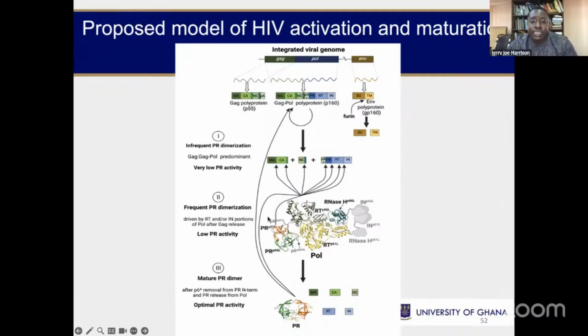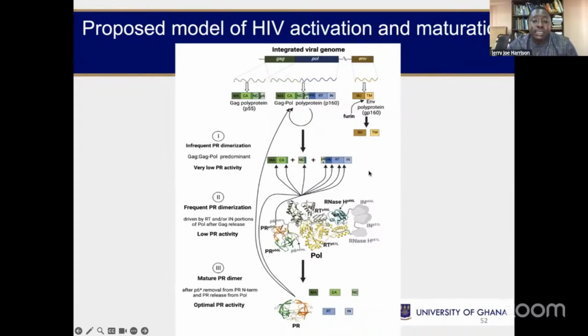So this is the model that we come up with, where Gag-Pol dimerization is quite infrequent, because of all the conformational challenges we have to face. But once that happens, intermediary polyproteins are produced, and that process continues until the mature structural proteins and the enzymes have been liberated. But this is a clever strategy.